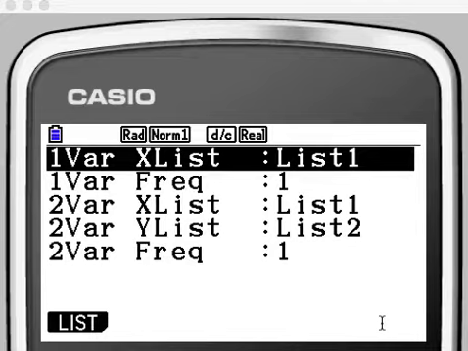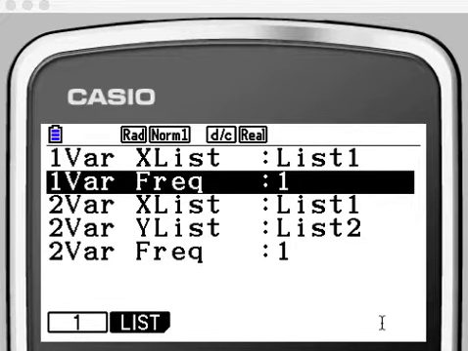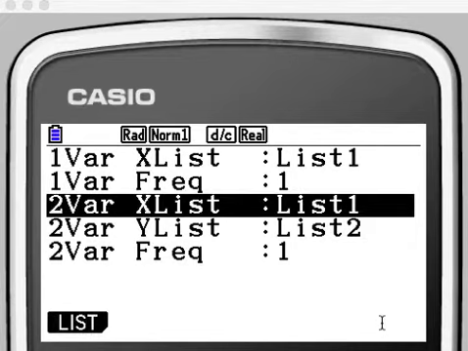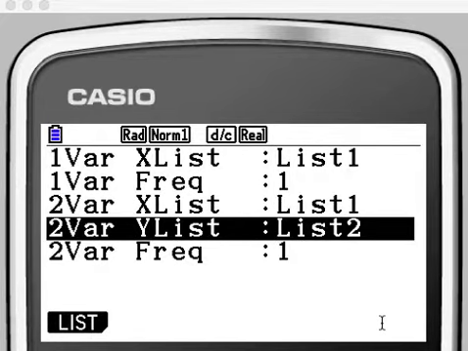Notice that X list for one variable statistics is list 1. That is correct. We always want to have frequency set to 1. For our two variable X list, we want list 1. And for our two variable Y list, we want list 2.